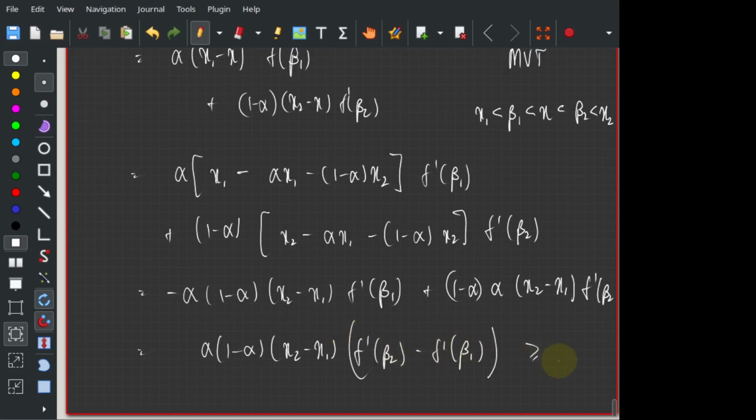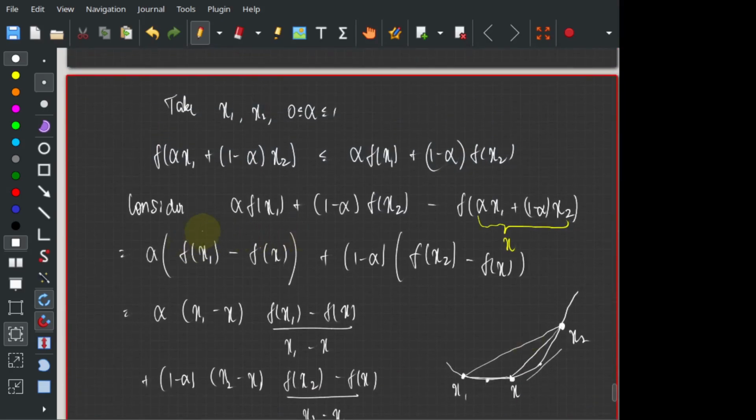So this whole term is greater than or equal to 0. And what did we start out with? We had this particular quantity, which means that alpha f of x1 plus 1 minus alpha f of x2 is greater than or equal to f of alpha x1 plus 1 minus alpha x2. All right, so hence the function is convex.